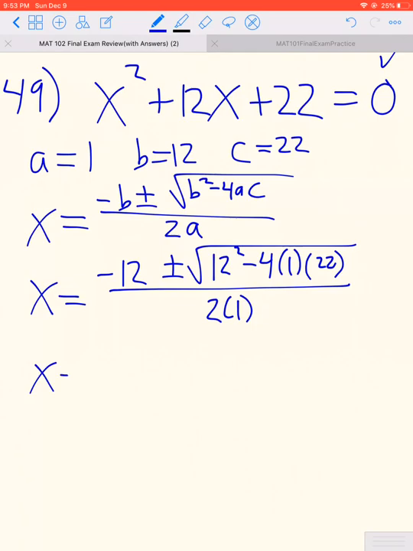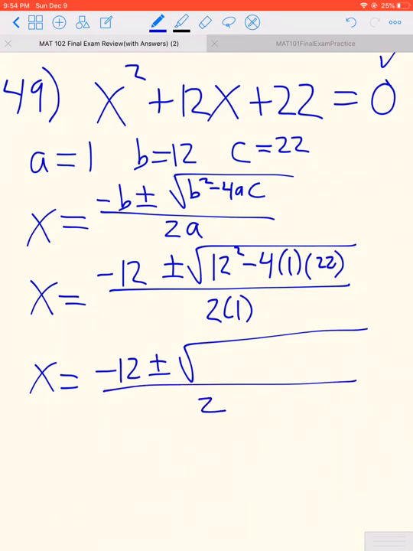Once we have everything plugged in, it's just a matter of using order of operations to work this out. Underneath the radical, 12 squared is 144. We have negative 4 times 1 times 22. That should give us a negative 88.